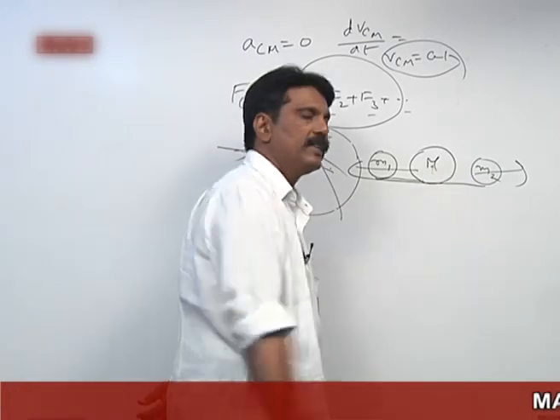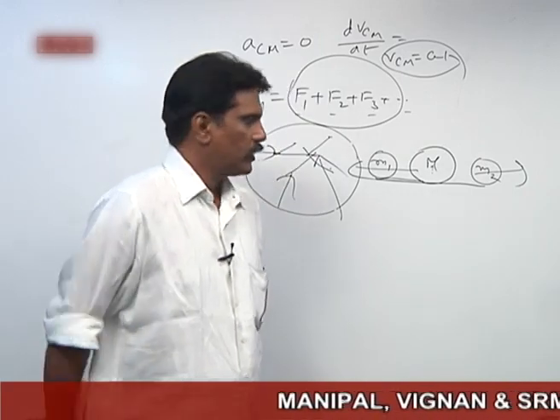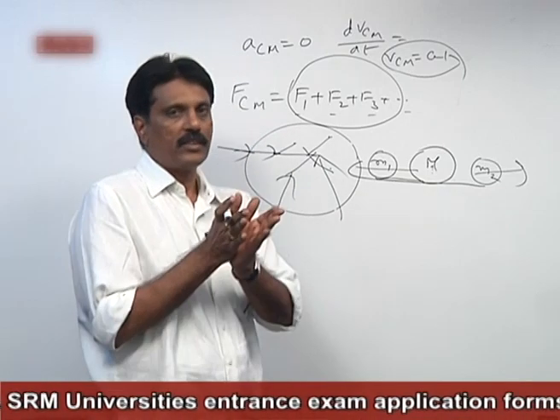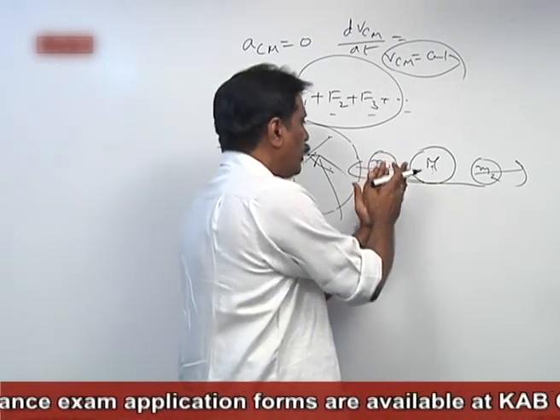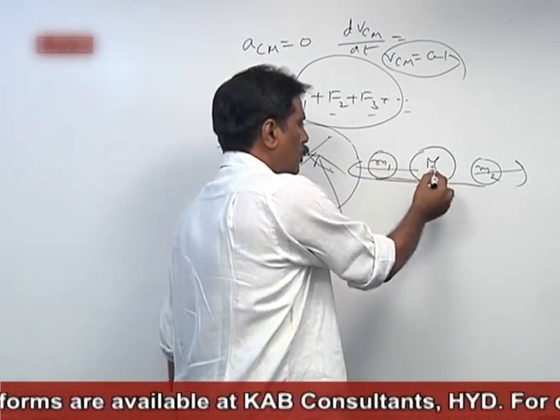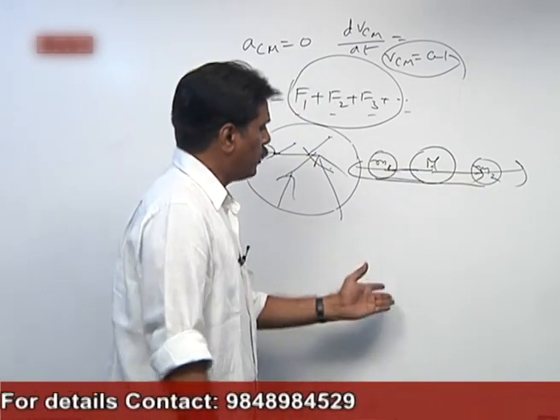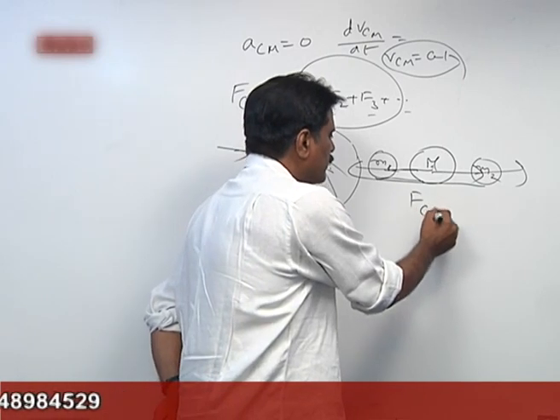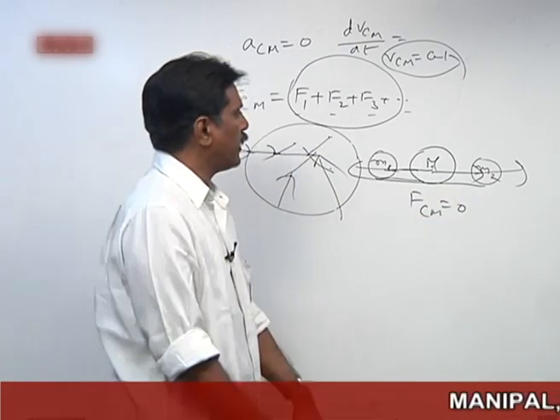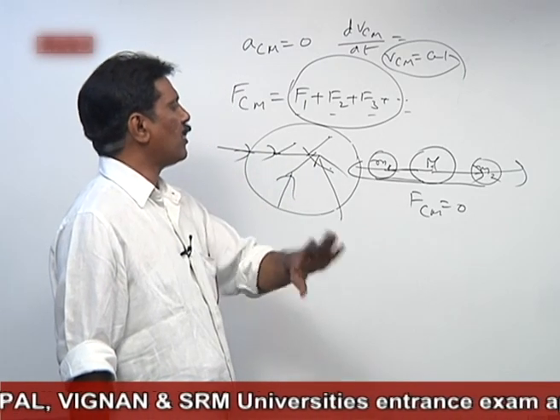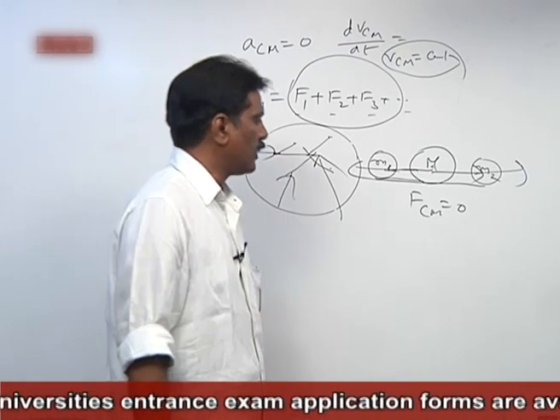Initially, the center of mass is at rest, and the explosion is an internal reaction. That means there will be no external force on the system; it explodes only due to internal forces. Therefore, the net force on the center of mass is 0. As we already discussed, internal forces cannot change the state of rest or of uniform motion of the center of mass.